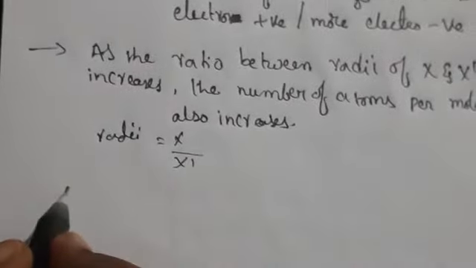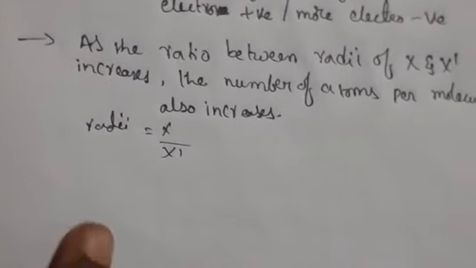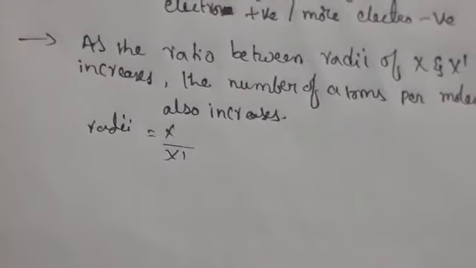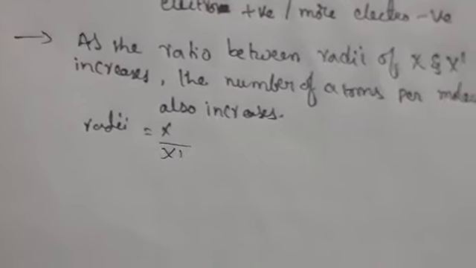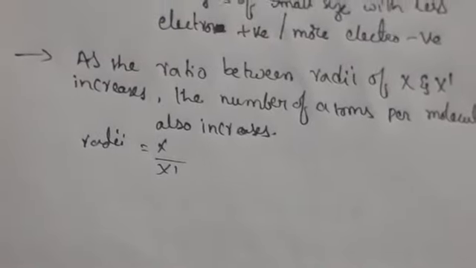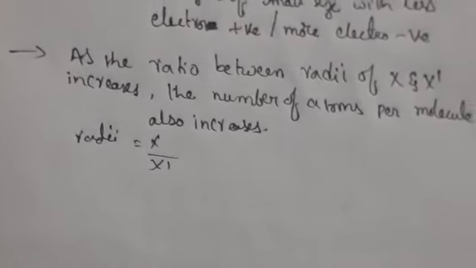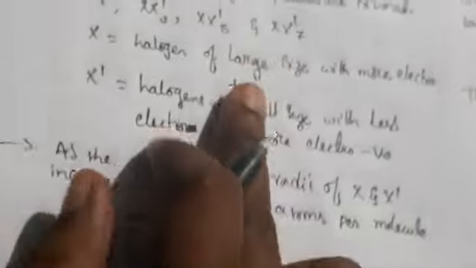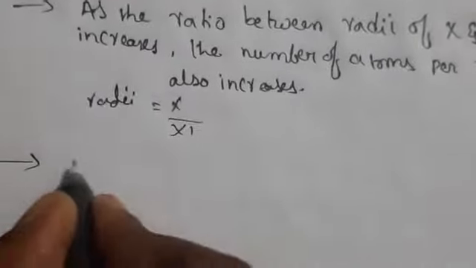And also iodine, which is a 7th group element, will have the maximum number of atoms. So the ratio of radii between iodine and fluorine is maximum, and that is why its formula is IF7.